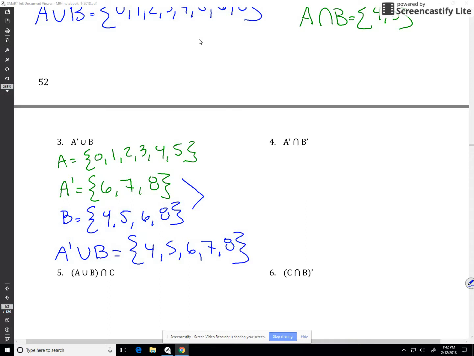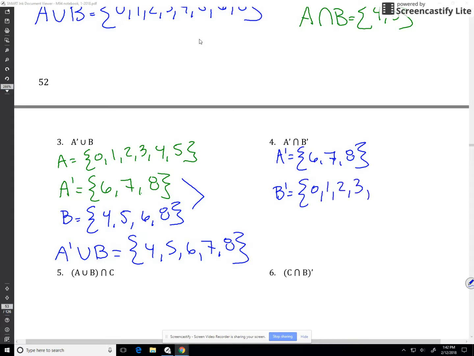Now looking at number 4, it says A complement intersect B complement. From part 3, I already know that A complement is equal to 6, 7, and 8. Now remember B was 4, 5, 6, and 8, so B complement is going to be 0, 1, 2, 3.